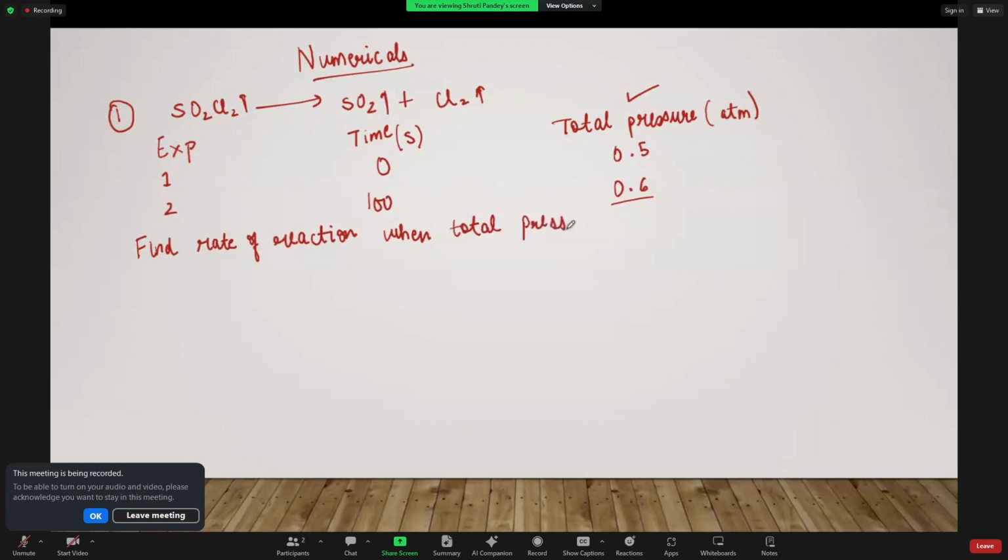Matlab they have not asked for the rate of the reaction at this data point, they have given the data at 100 seconds. So unhe us time ka rate nahi chahiye. Unhe chahiye when the total pressure is 0.65 atm. Okay, so this is the question. Let's solve this.